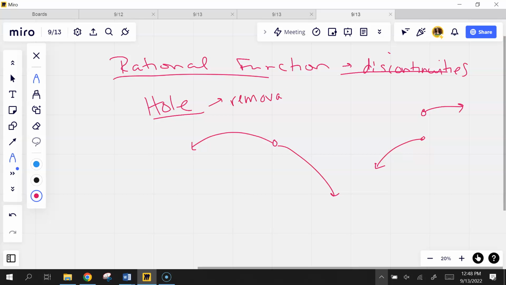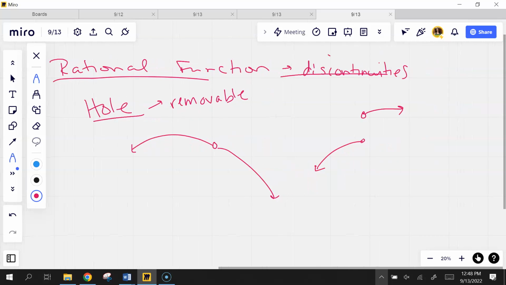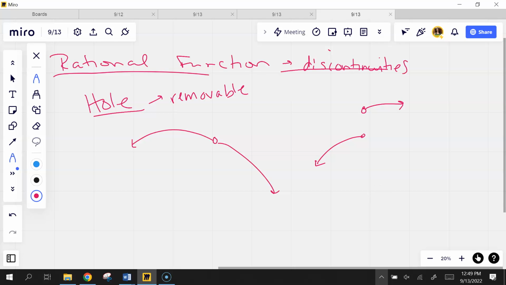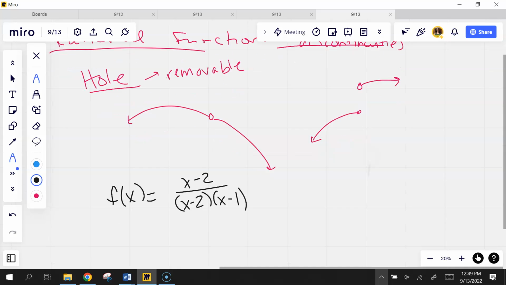Why do we call it removable? You can actually remove it from the equation itself. So, for instance, if I had f of x equals x minus 2 over x minus 2 times x minus 1, where is the hole here and why?